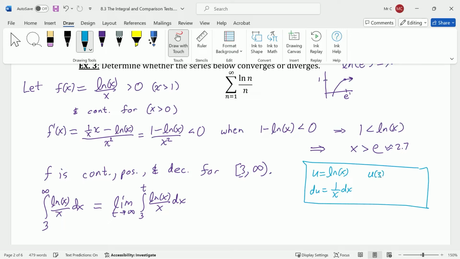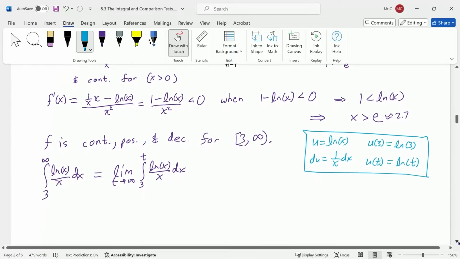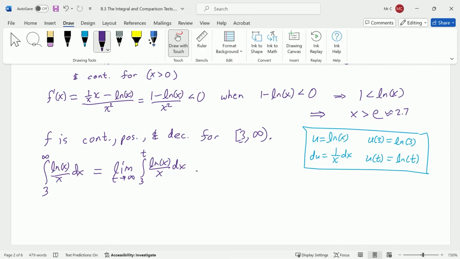And so u evaluated at 3 is just ln of 3, and u evaluated at t is ln of t. And so I apply my substitution. Still have the limit as t goes to infinity, but our bounds change from 3 to t to ln of 3 and ln of t.